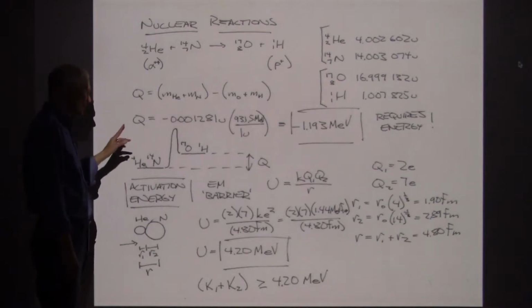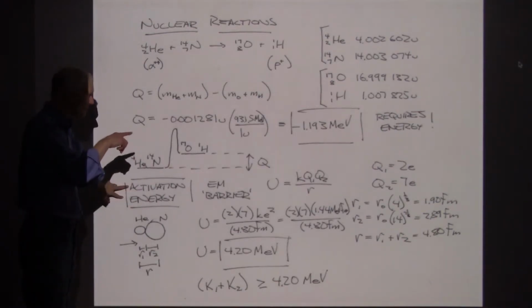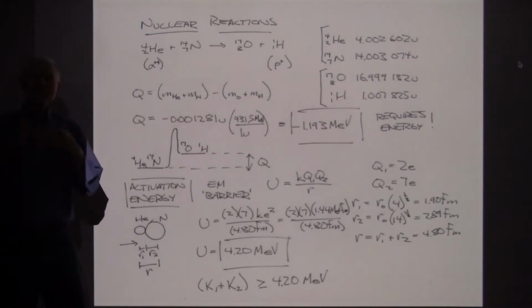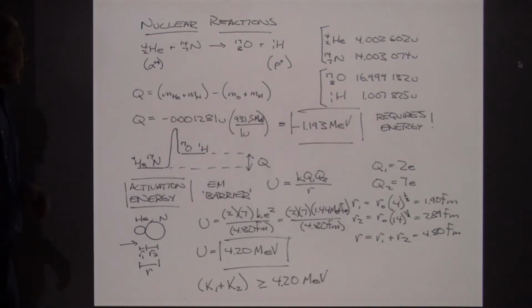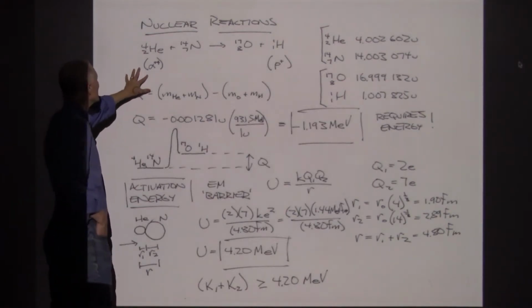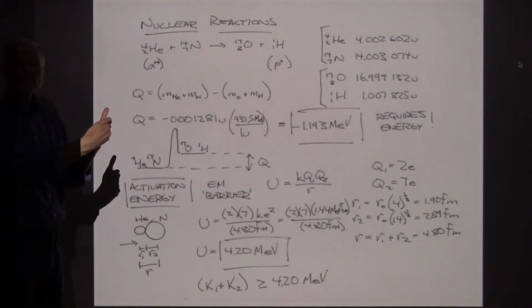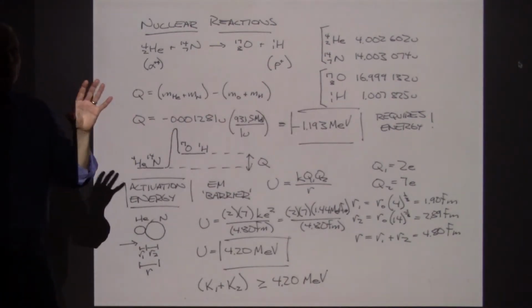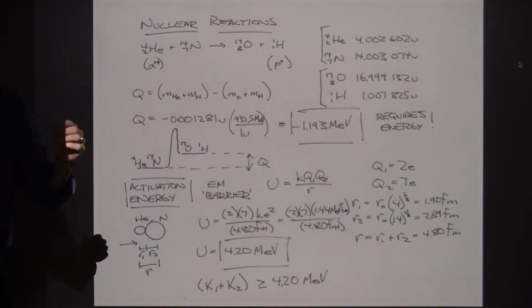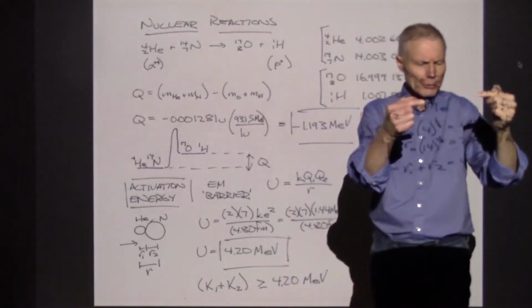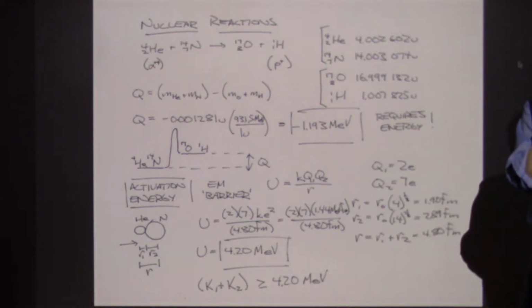Okay. Now there's a second question that we already discussed briefly, and that is what's considered an activation energy. I have to have the helium and the nitrogen coming in at high enough speeds that even though there's a repulsion that will take place, as the helium and the nitrogen come in at high speeds, there's a repulsion between the nuclei, and they're going to slow down.